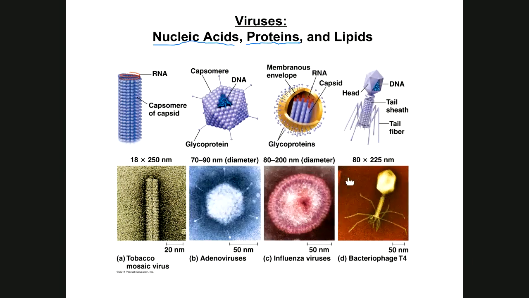But for all 4 viruses, they're trying to point out that we have a capsid or glycoproteins, or a tail sheath, tail fiber, or a head. In other words, they're referring to proteins. In addition, for all 4, you'll either have RNA or DNA present. So nucleic acids are present. For all 4 of these, chemically and structurally speaking, at a minimum they're made up of nucleic acids and proteins.